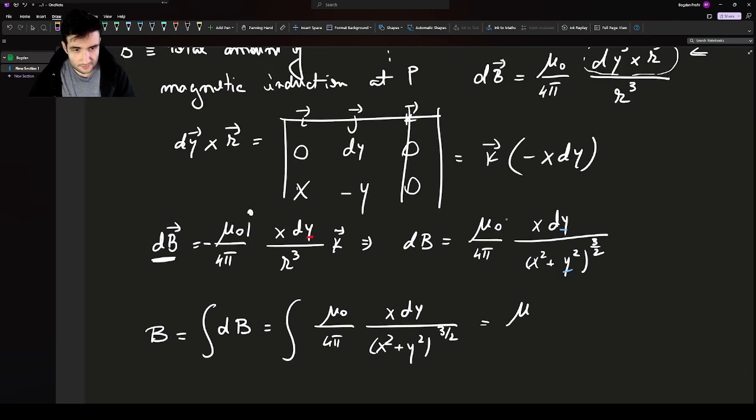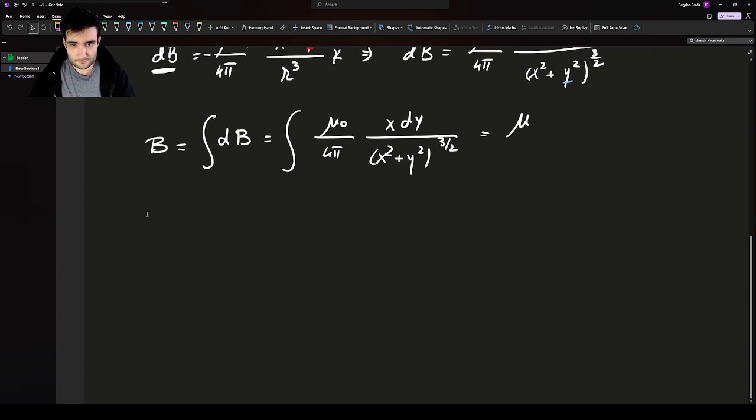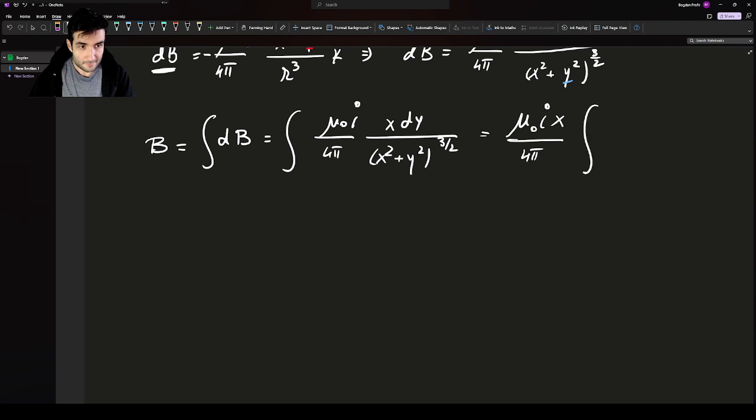So there's a current here as well, like this. So I have mu 0 times the current times x, because remember x is also constant, over 4 pi. And then we have the integral of dy over, I'm going to put the variable first, y squared plus x squared to the power 3 over 2.